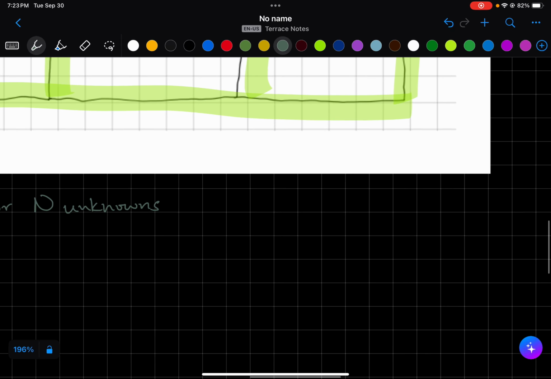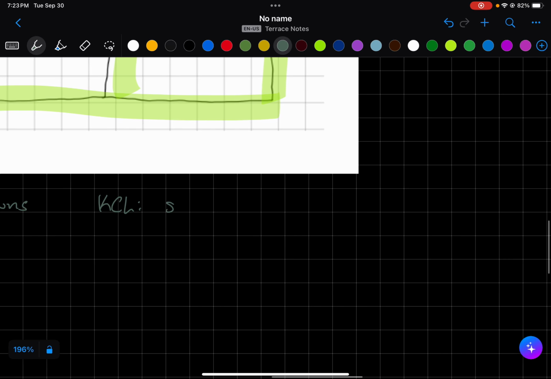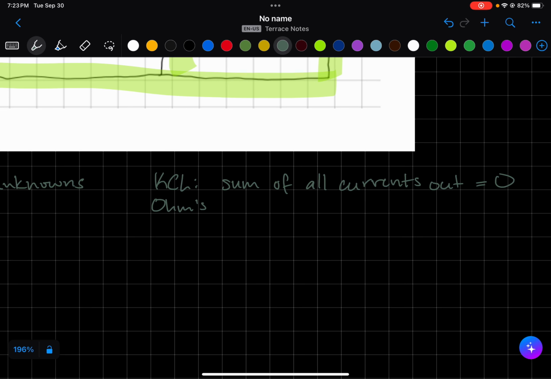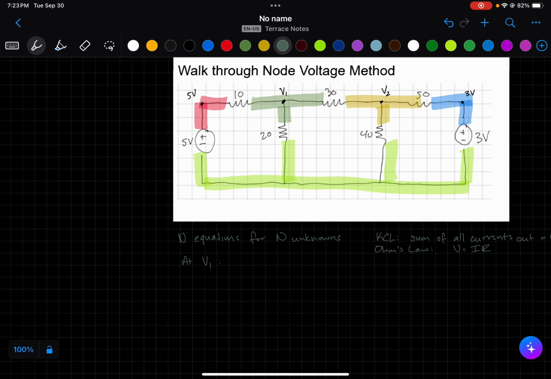So KCL states that the sum of all currents out equal to 0. And Ohm's law is the relationship between voltage equals current times the resistance.